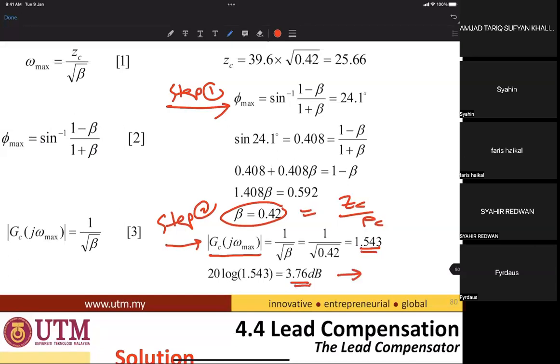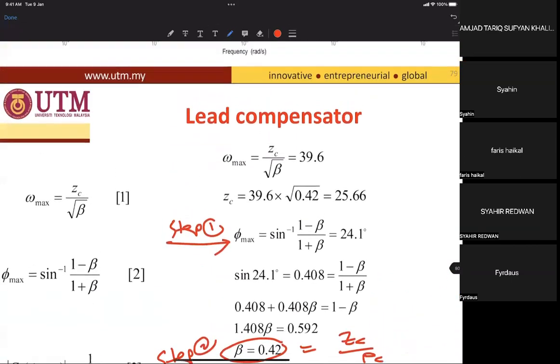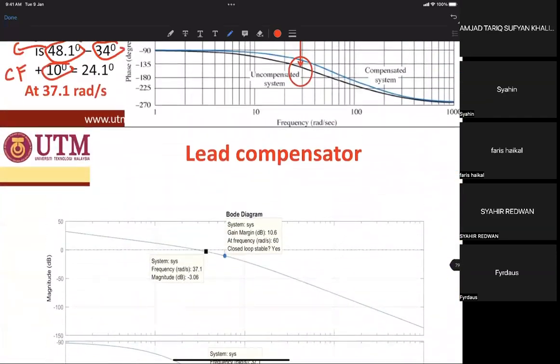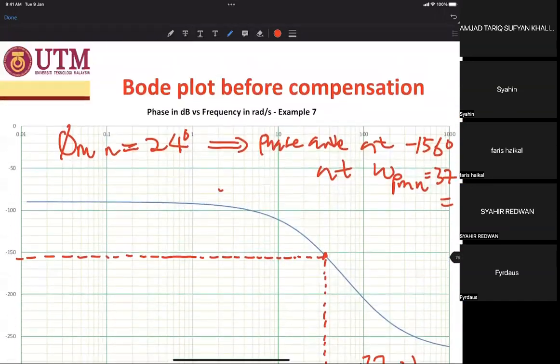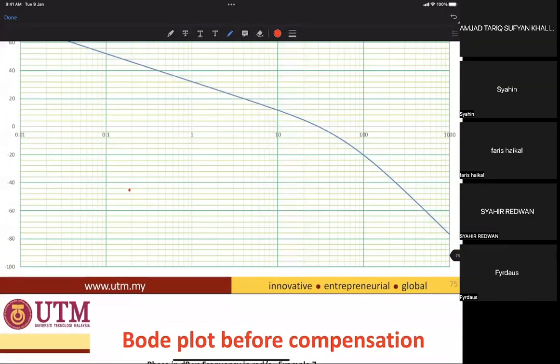So in the gain curve, we negate it, minus 3.76, so that we get the omega max. So we go here. This is 0.